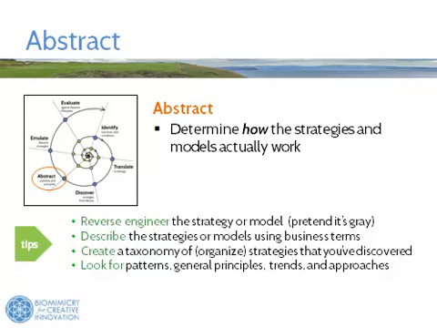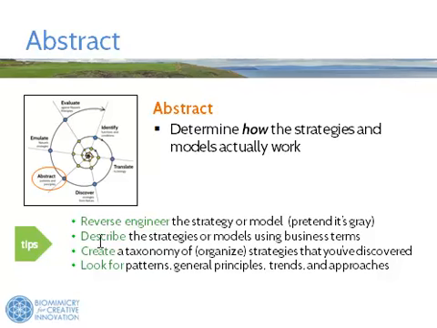you take the discoveries that you made, the strategies and the models, and then you really dig in deeper to determine how the strategies and models actually work. So this process of abstract is almost the reverse of what we did in Translate. In Translate we took what we came up with in our business language and translated it into biology. And now in the abstract phase you take what you discovered in the biological world and translate it back into business terminology.